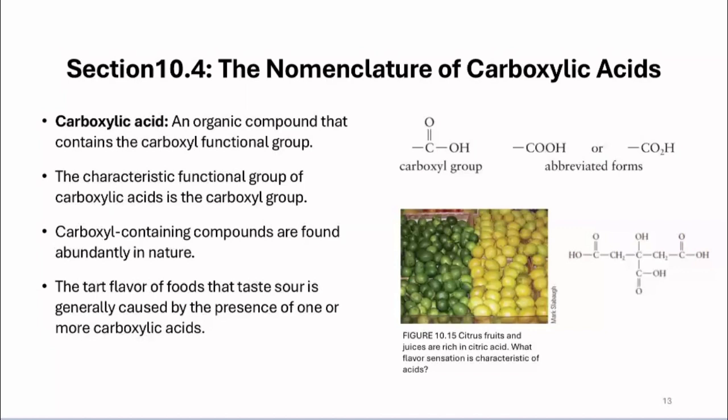Many citrus fruits and juices, specifically lemons and limes in the image, get this because of a molecule that has not only one, but three carboxylic acids. Citric acid, which is present in these products, has one, two, three carboxylic acids in its structure.